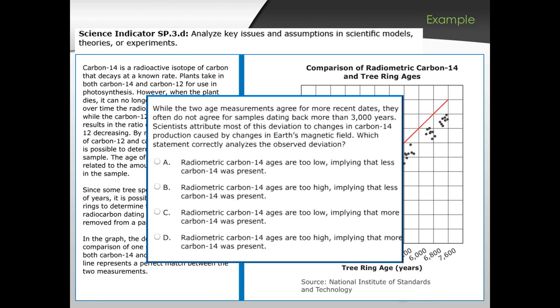They have to, in this one, actually carbon-14, it very clearly explains in the narrative what that is. And it's just a radioisotope, a radioactive isotope. But what they are going to have to do then is take a look at what information they've gained from the narrative on the left side, but they're going to have to put it with the graph to be able to determine which one of those statements is correct.